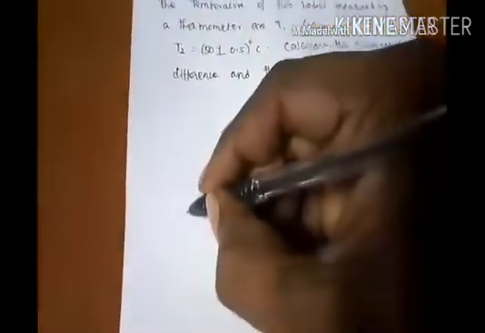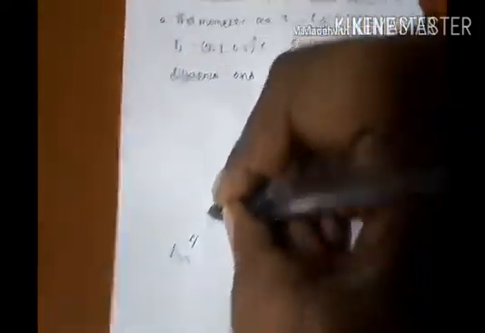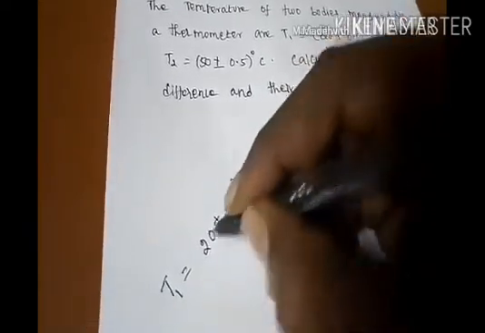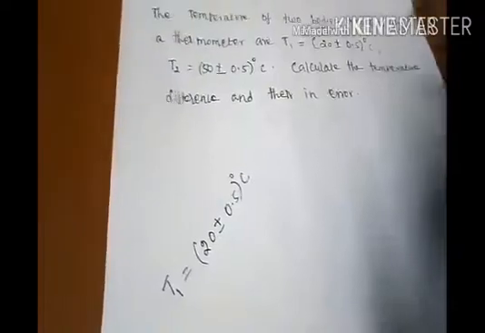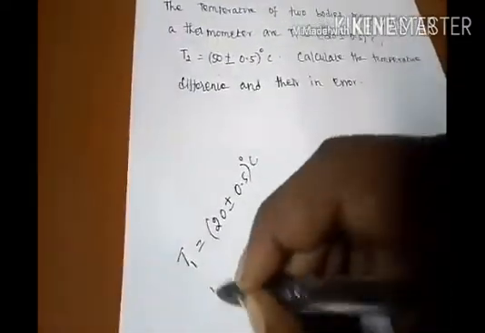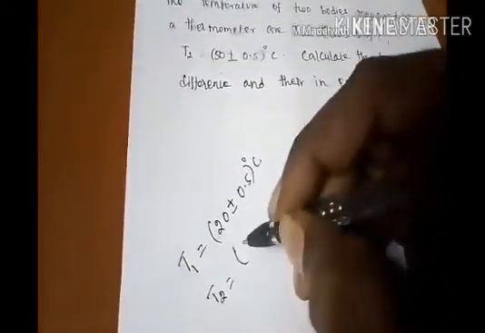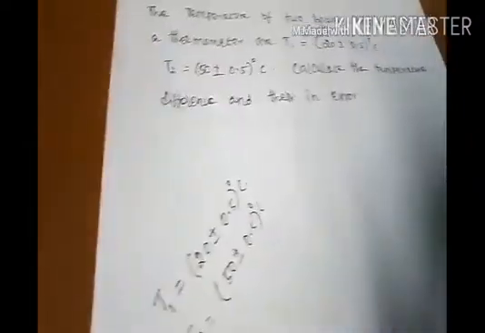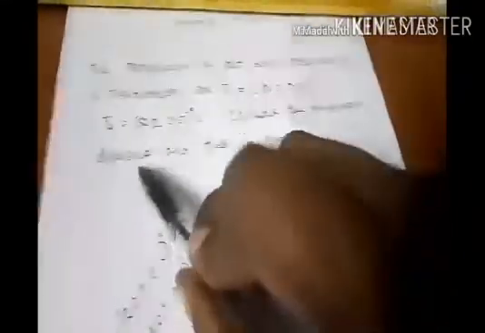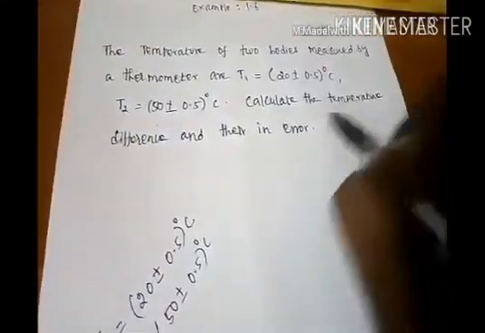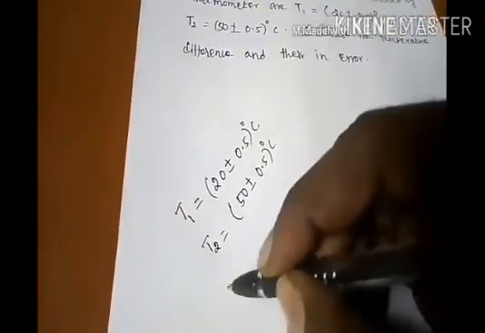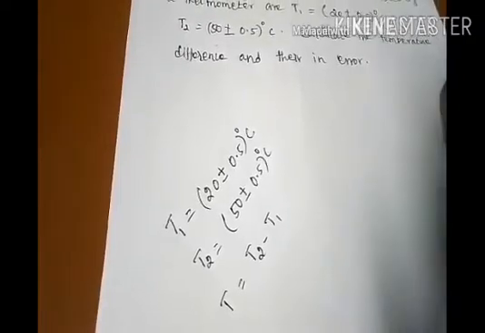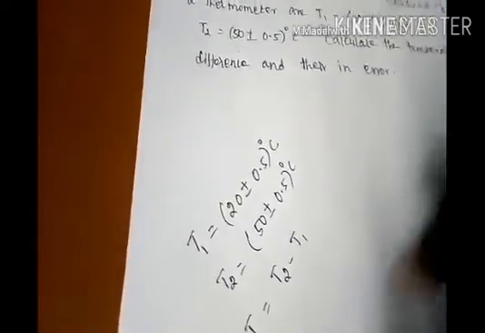T1 equal to 20 plus or minus 0.5 degrees Celsius, and T2 equal to 50 plus or minus 0.5 degrees Celsius. Then calculate the temperature difference. How will you calculate the temperature difference? The temperature difference T equal to T2 minus T1. This is the general expression for the temperature difference.